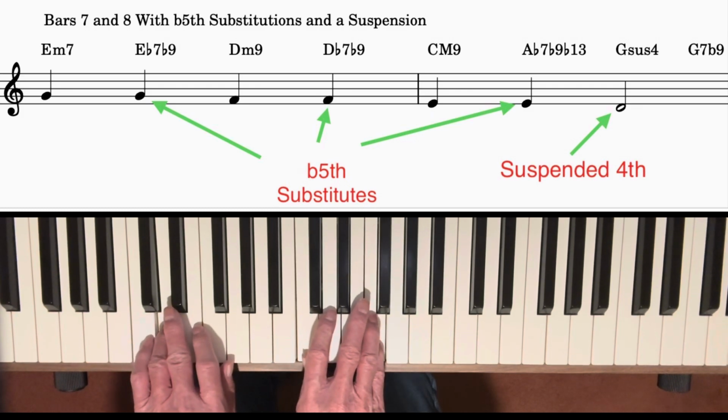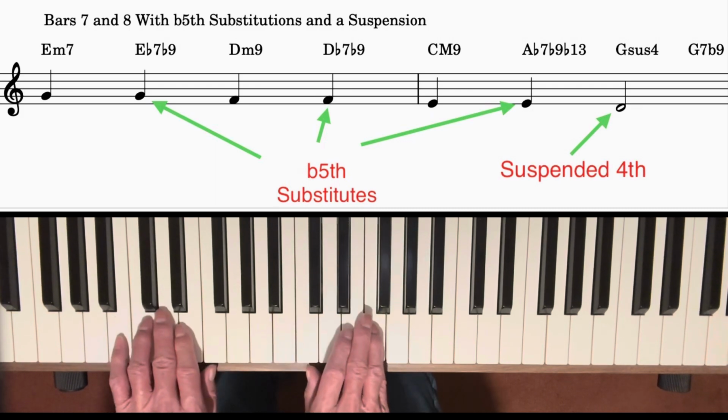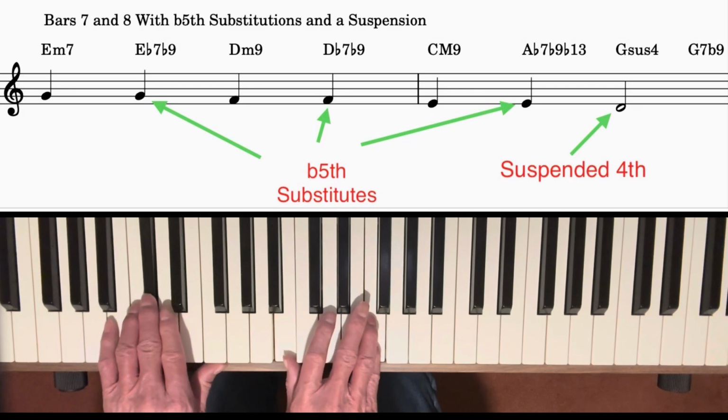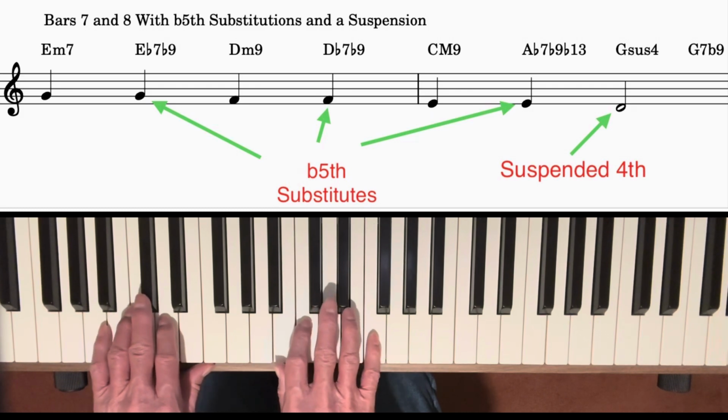When we go from D minor 7 to D flat 7, the 3rd of D minor 7 stays in the same place, becomes the 3rd of D flat 7. The 7th drops a semitone to the 7th of D flat 7.